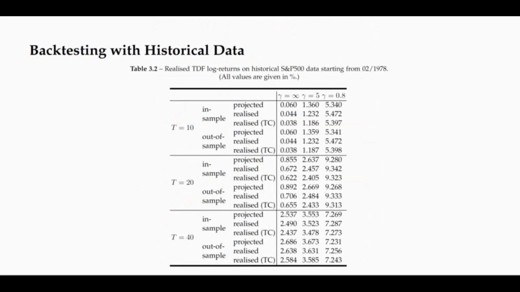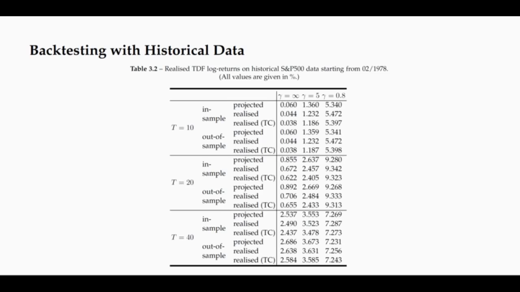Next we consider backtesting with historical data, where we consider the realized sample path of the S&P 500 over the 40-year period, and apply the estimated strategies calculated from the benchmark approach and minimum market model, and we compute these returns for 3 different time horizons and for 3 different risk aversion coefficients.